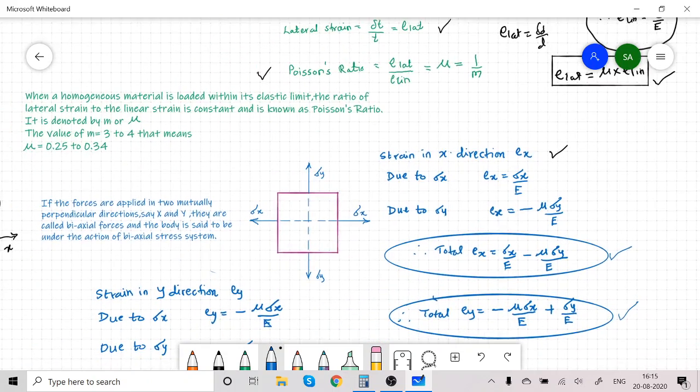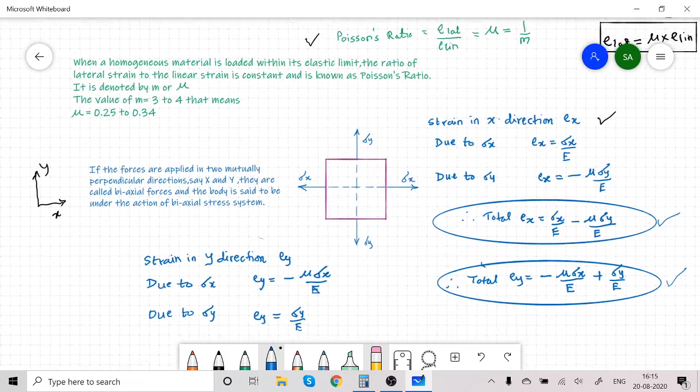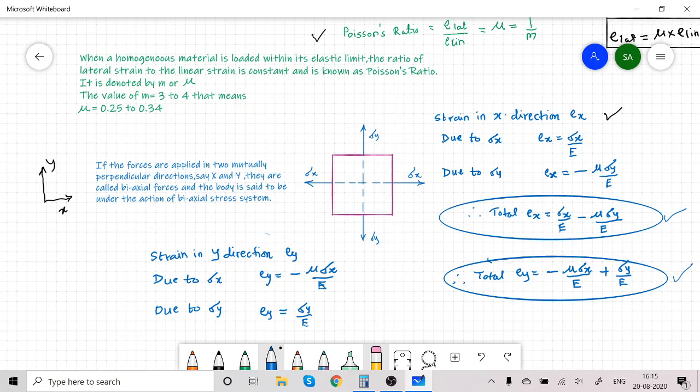Now we consider the biaxial stress system in which the stress is acting along two mutually perpendicular axes x and y. Here I consider both stresses are tensile. Then I calculated the effect of sigma x on Ex as well as on Ey. When I consider the effect of sigma x on Ey, that is strain in y direction, I multiply it by mu.